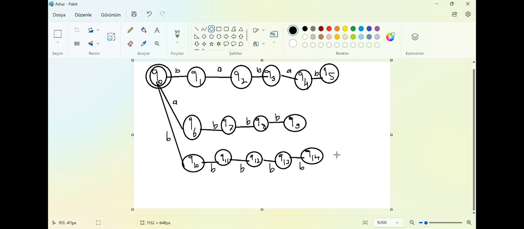For example, for the substring BAB, we will have six states, right? One, two, three, four, five, six states. The start state here and a state for each character of the substring.